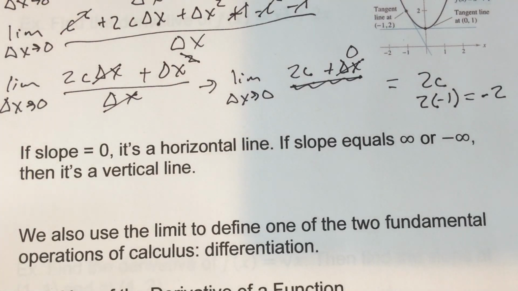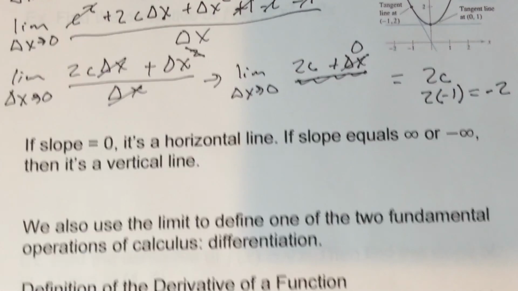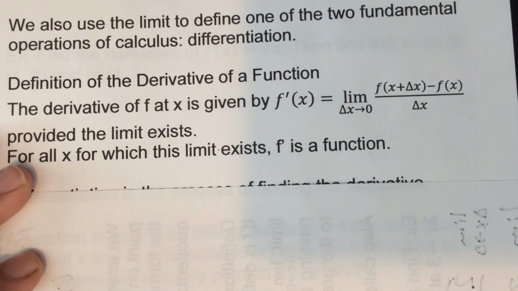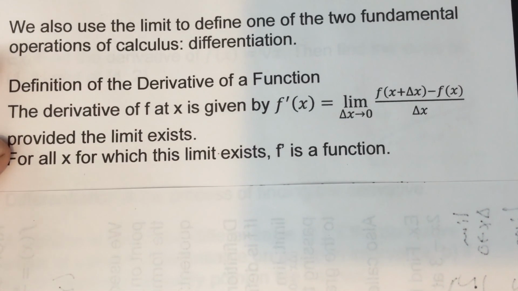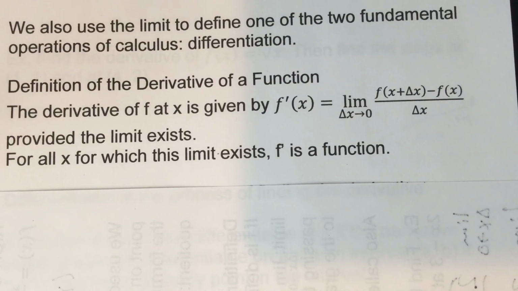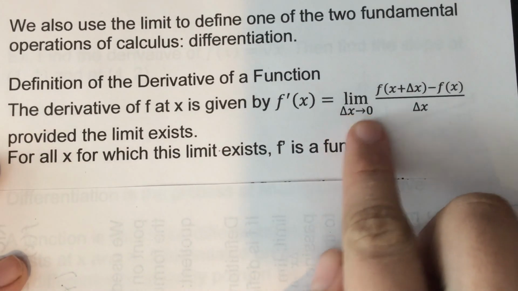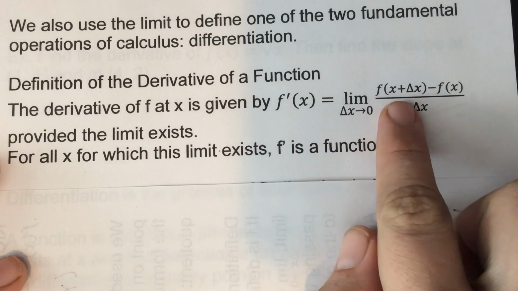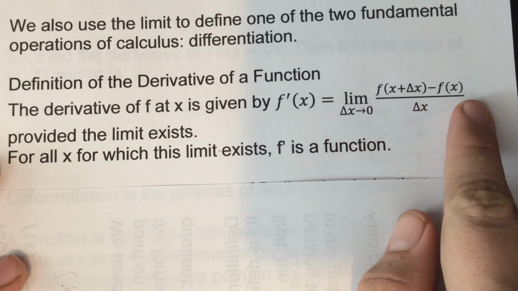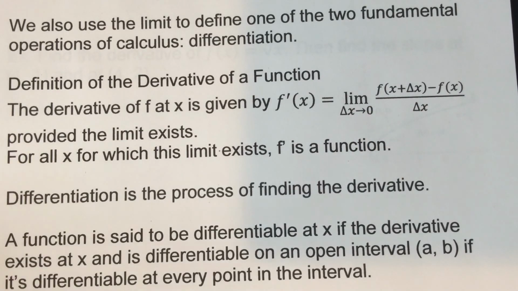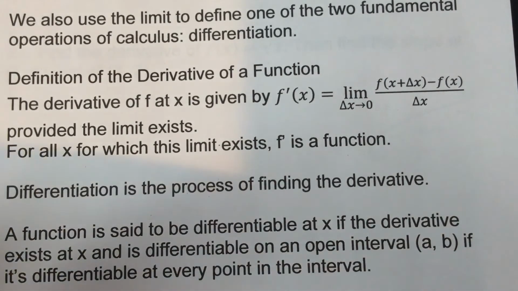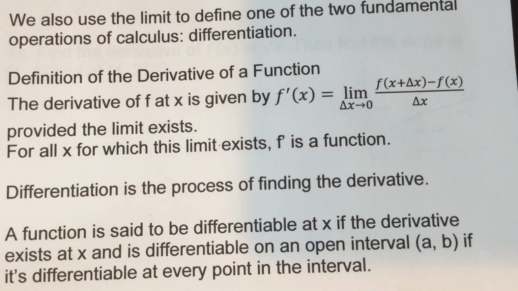Now, here's going to be the official definition of derivative, but it's really what it's doing. It's like a reduction almost in our equation that's going to give us another equation that we could put any x in and we can find that slope. So we're going to be doing the limit as change of x goes to 0 of f of x plus change of x minus f of x over change of x. So differentiation is going to be that process of finding the derivative.